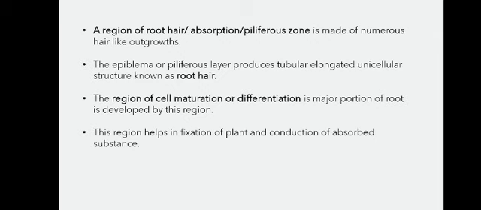In root hairs, numerous hair-like structures are present. The root epiblema or piliferous layer produces tubular, elongated, unicellular structures known as root hairs. The region of cell maturation or differentiation is a major portion of the root. This region helps in fixation of the plant and conduction of absorbed water and substances.